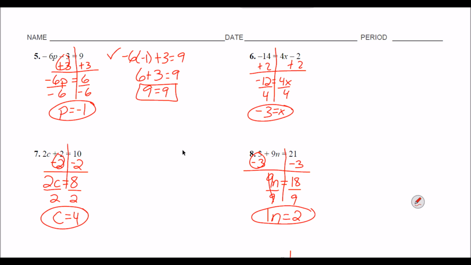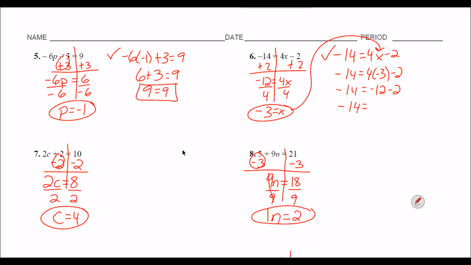Number 6, we have the check. Negative 14 equals 4x minus 2. And we're plugging this in. So negative 14 equals 4 times negative 3. Negative 14 equals 4 times negative 3 is negative 12. And we subtract 2 more from it. And we get negative 14 on each side of the equation.